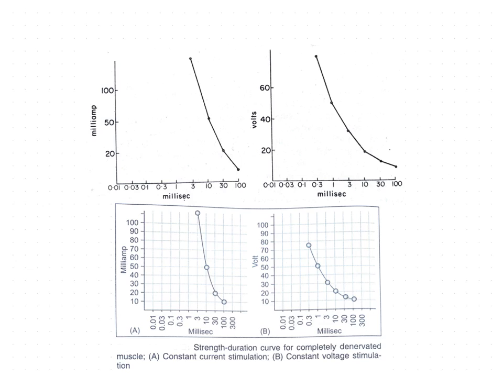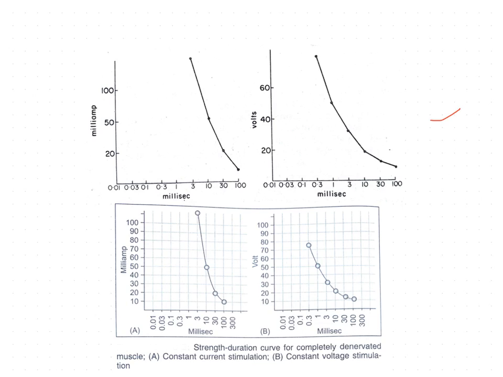Now in complete denervation, all the nerve fibers supplying a muscle have degenerated. The strength duration curve produced is characteristic of complete denervation. The curve is obtained like this.